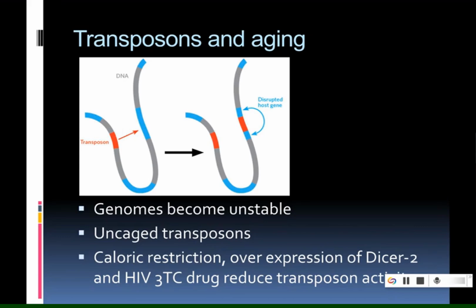The other thought in theories on aging is that transposons get disrupted, leading to genomic instability. There's also some thoughts that the methylation of protein around the DNA and the DNA itself becomes altered. Well, this has been true in most cases in studies.